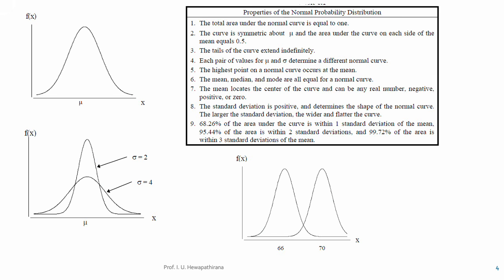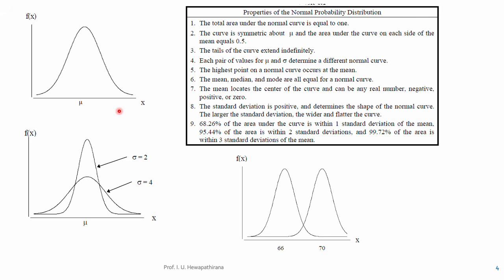Previously we discussed the properties of continuous random variables in general, but now let's look particularly at the properties of the normal distribution. Again, the total area under the normal curve is equal to 1. The curve of the PDF is called the normal curve.